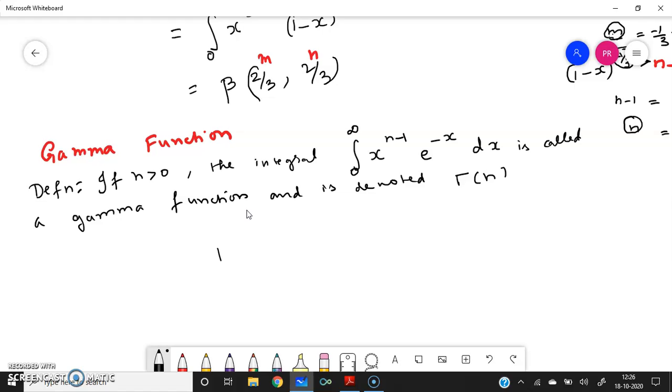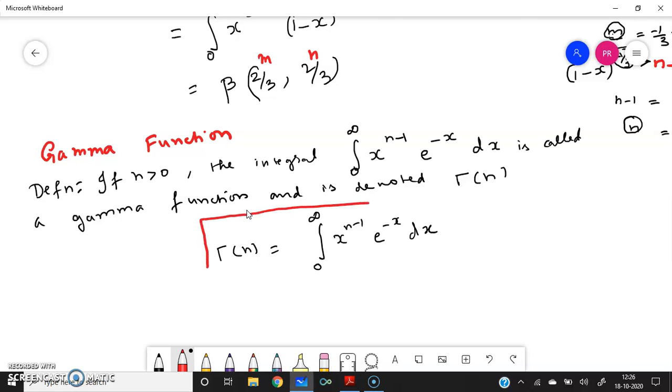So I can write gamma of n equals integral 0 to infinity of x to the power of n minus 1, e to the power of minus x, dx. And this is known as the gamma function. Okay, both the beta function and the gamma function will be useful to us in the beta and gamma distributions, and we will be proceeding in the next class.